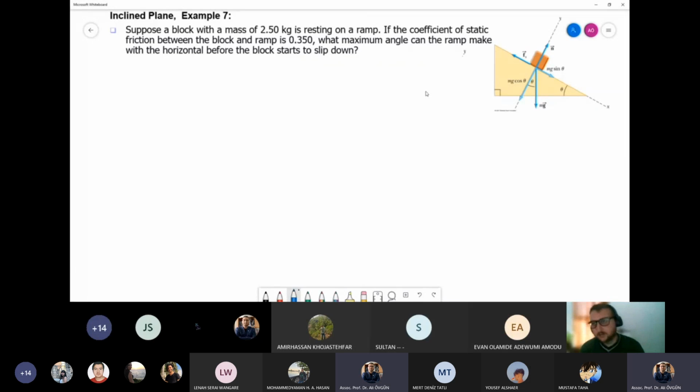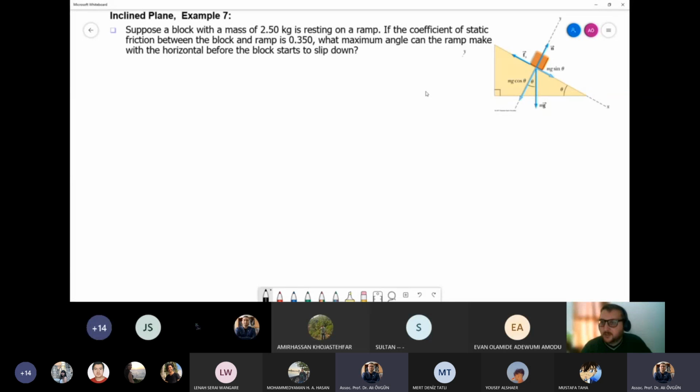The free body diagram is drawn, but you must draw it yourself in the question, in the exam, and when you are solving the problems. First of all, let's analyze the free body diagram for the inclined plane. There is a normal force opposite to the surface.